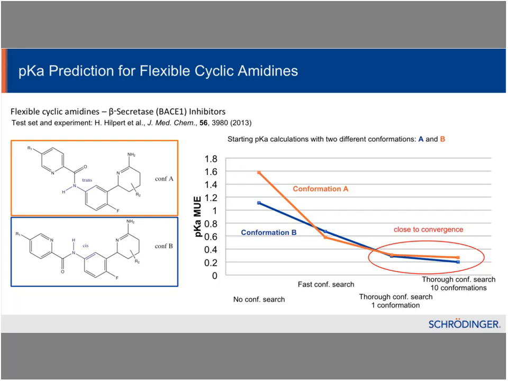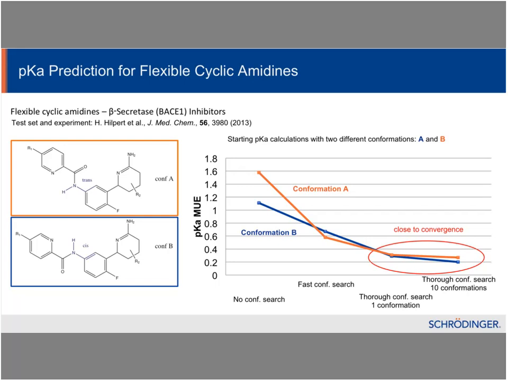And if you take up to 10 conformations, I think this is already at the level of noise, where the results cannot get any better than this. So this is why you want to do a thorough conformational search. Notice that it is more important to do a thorough conformational search and take one conformation for quantum calculations in the end than to do a fast conformational search and take, let's say, 5 conformations for quantum chemical calculations.